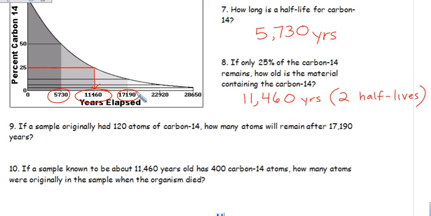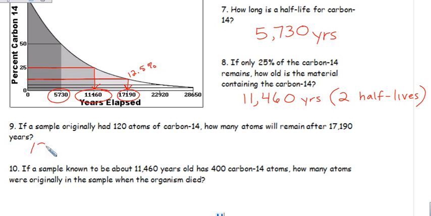Now, a few ways that you could solve this. It's not listed, but this right in here, if I follow it across and down, this would be half of your 25%. Or in other words, 12.5% remaining. So you could say I'm going to have 12.5% of my original sample.